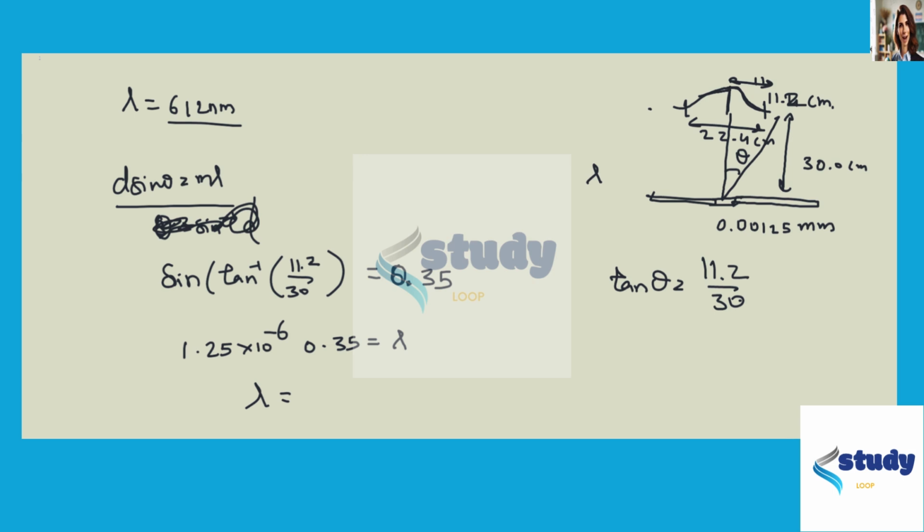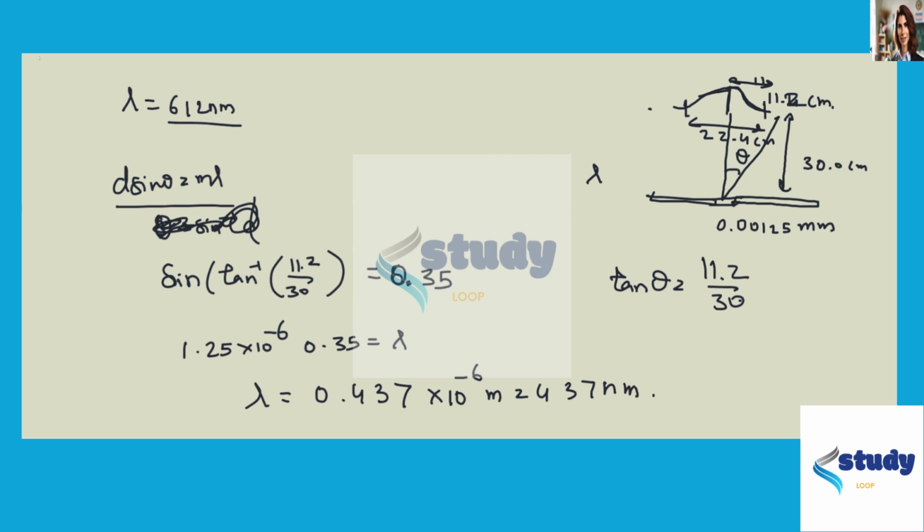Therefore, lambda is equal to 0.437 into 10 power minus 6 meters, which is 437 nanometers.